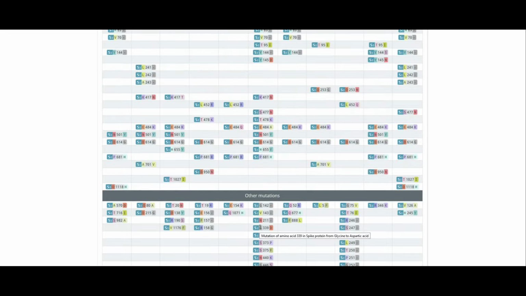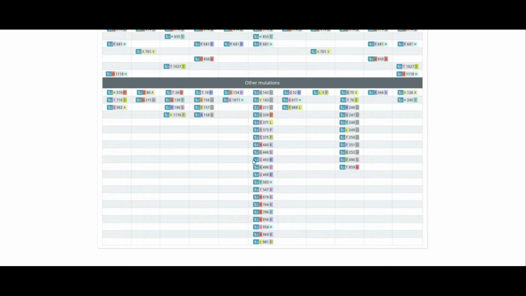The S on each of these is which protein, so S is spike protein. Then we have, for instance, N440K. That is an asparagine at the 440 position being mutated into a lysine. You can mouse over it here, and it says mutation of amino acid 440 in spike protein from asparagine to lysine.